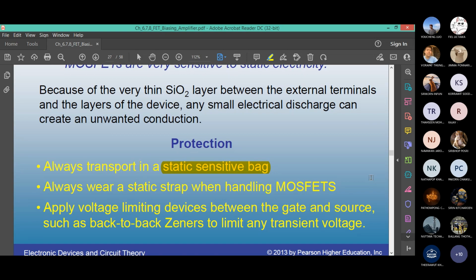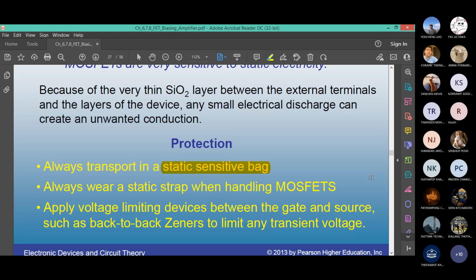Those who work in semiconductor manufacturing, inside the room where the semiconductor is handled and processed, which is called a clean room, wear clothes like astronauts. Not even your hair can be exposed. Even a small dot of sand or dust can destroy and damage. And if you are handling MOSFET, then you will additionally wear a static strap.